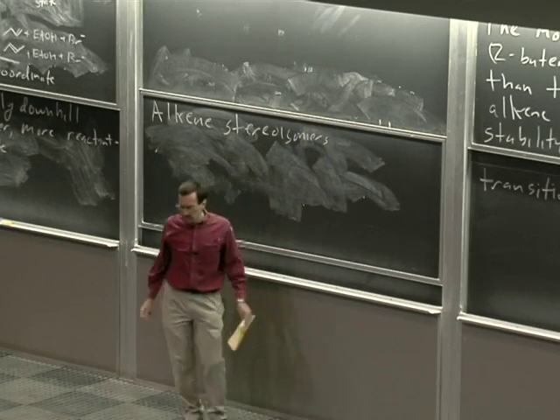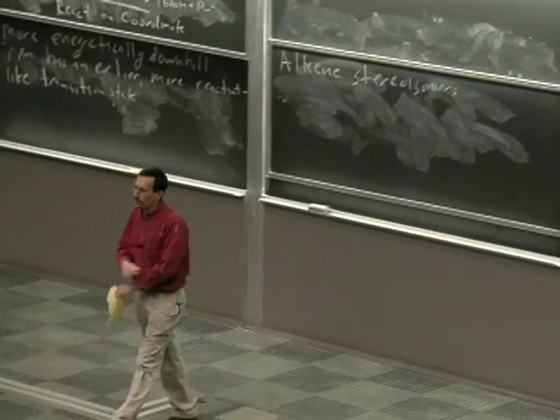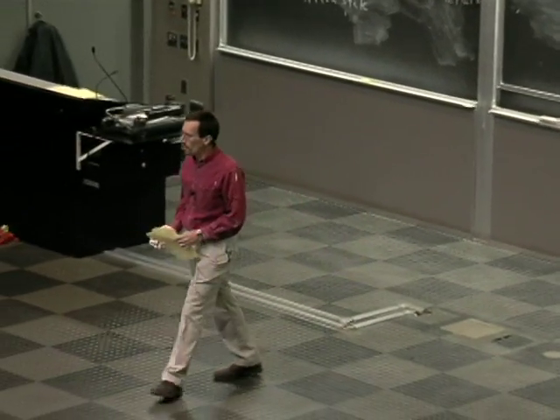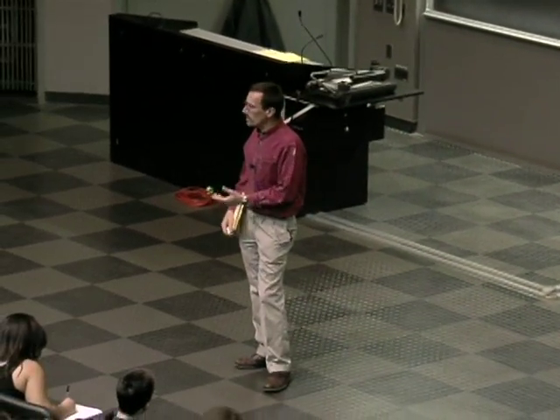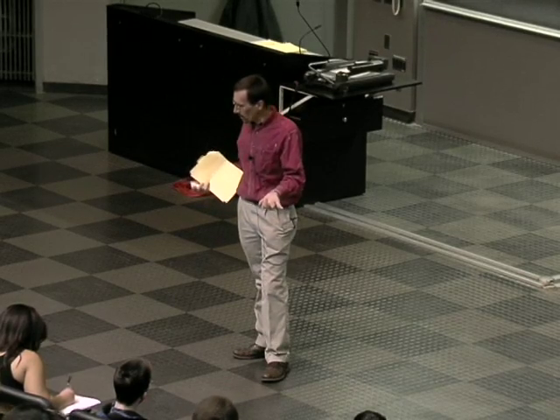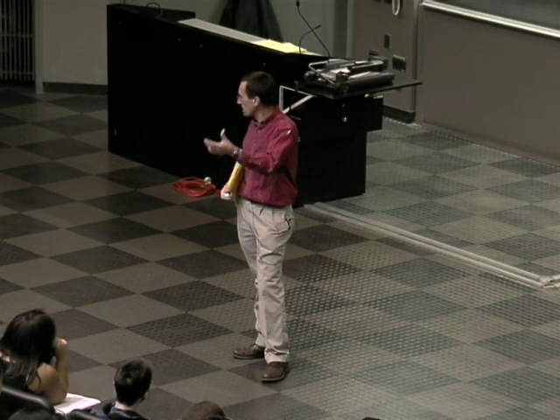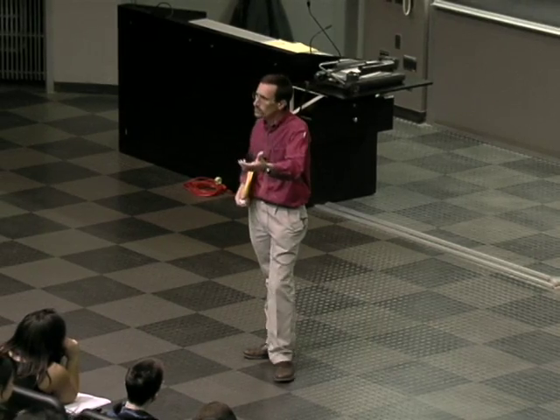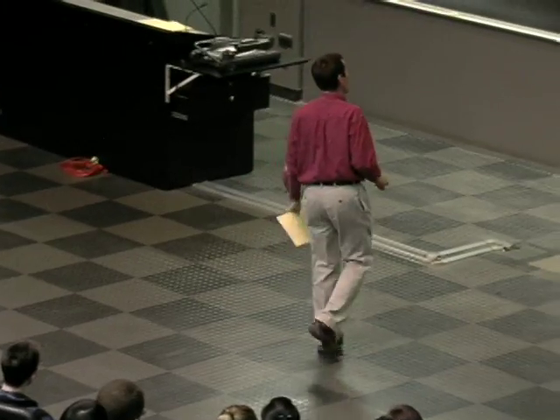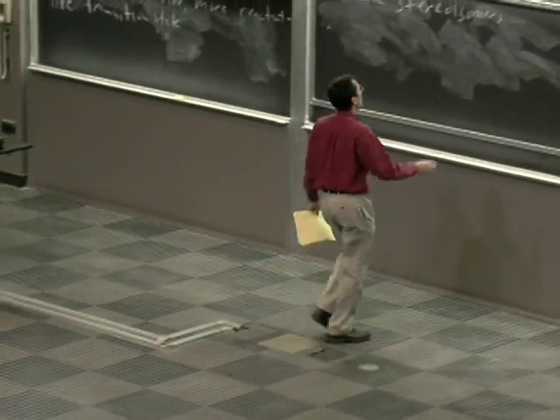So when you have a cis or a trans relationship about a double bond, you have a situation where you have an isomer. You have two different molecules like cis-2-butene and trans-2-butene. The isomers have the same connectivity, but a different arrangement of atoms in space, and they're not enantiomers. So this is a case where you have diastereomers.